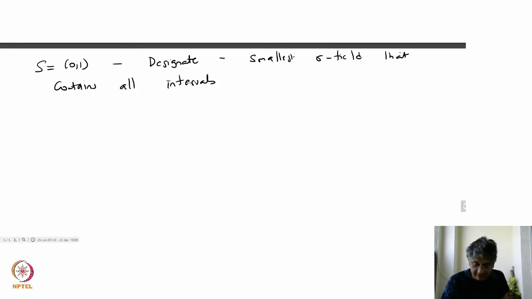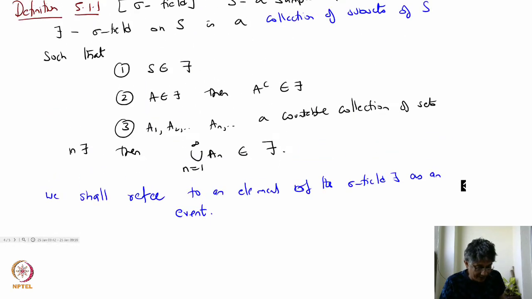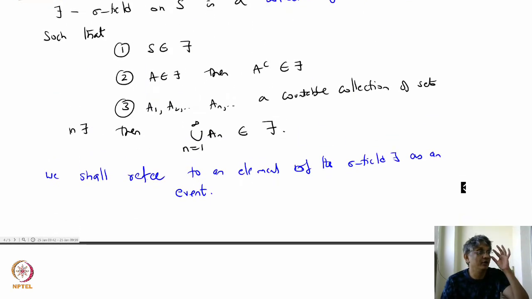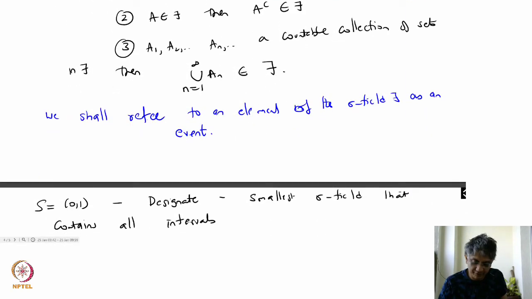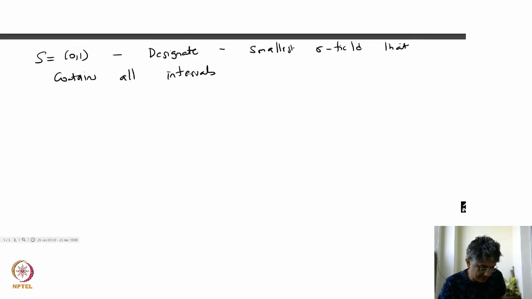So you take an interval, by the rules of the game, you need to have its complement. If you take countably many of them, by the rules of the game, you need to have the countable union there. So we will take the smallest sigma field that contains all intervals.